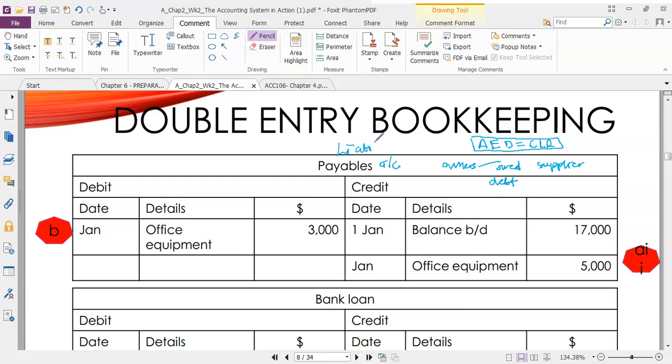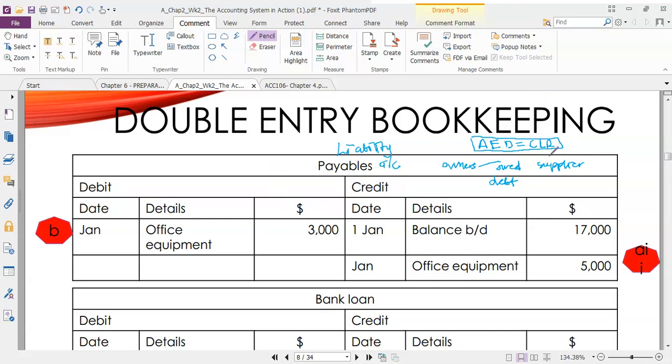liability. Okay, so when the account is an element of liability, so the balance BD should be on what side? Debit or credit side? Based on AED CLR.